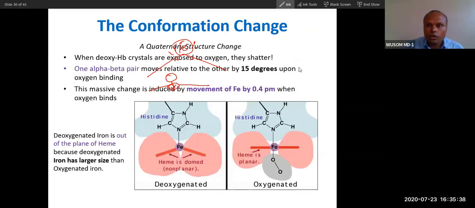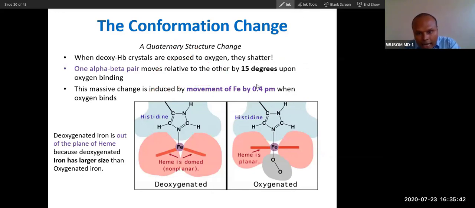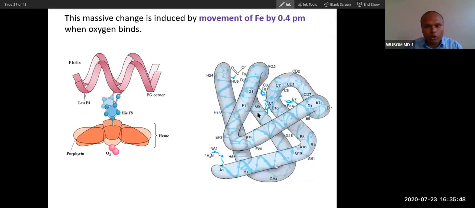This is because of the movement of this iron by 4 picometers. You don't have to understand that much right now. I'm telling you the concept, just understand how conformation changes. Because of the movement of this iron, you can see this is the previous deoxygenated form and it will change to this, and this chain will be pulled like this.